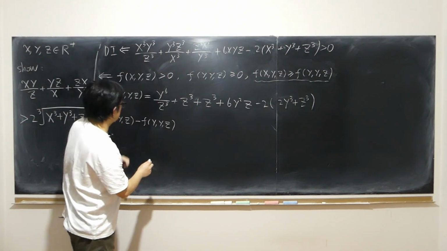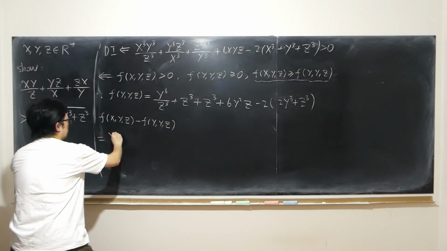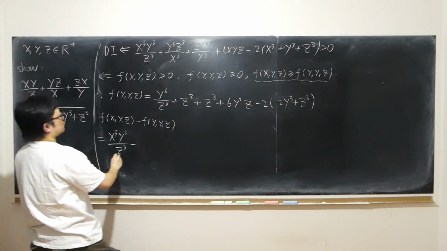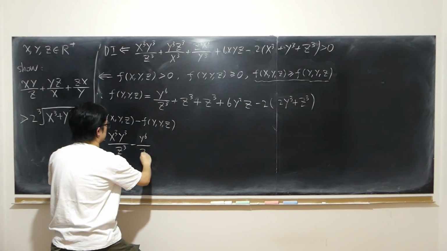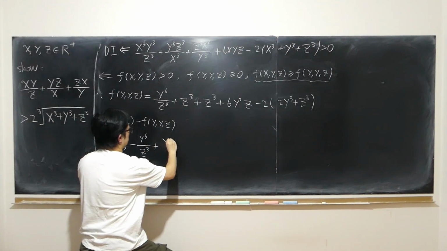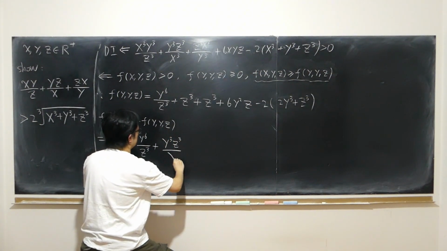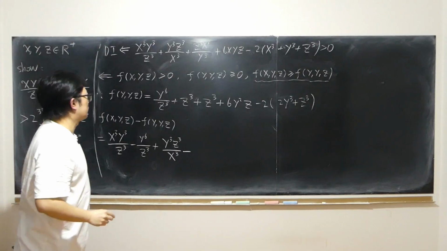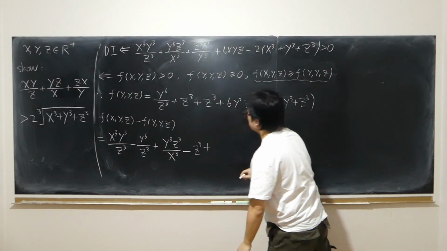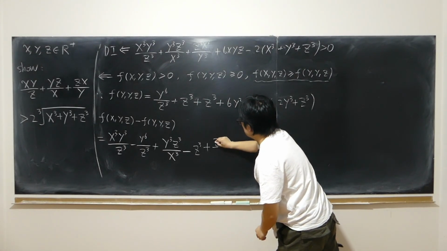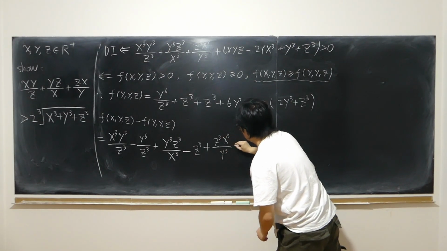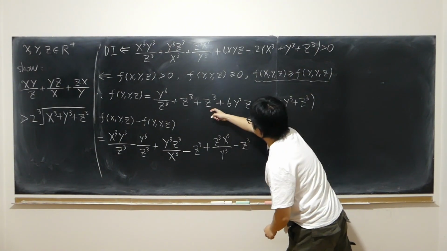So x cubed y cubed over z cubed minus y to the 6 over z cubed, plus y cubed z cubed over x cubed minus z cubed, plus z cubed x cubed over y cubed minus another z cubed.